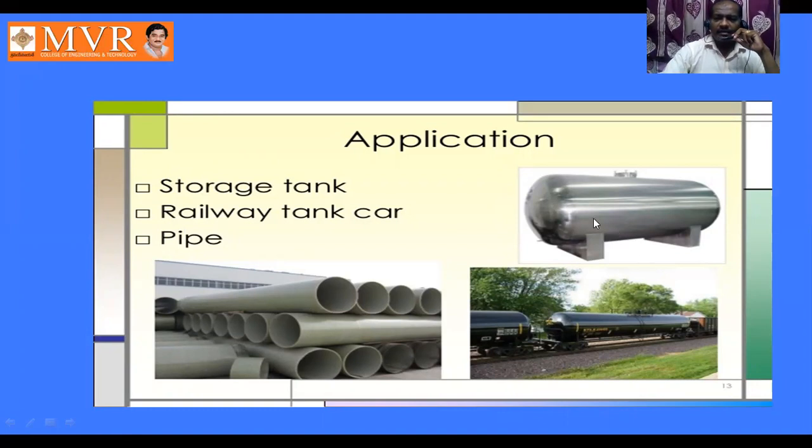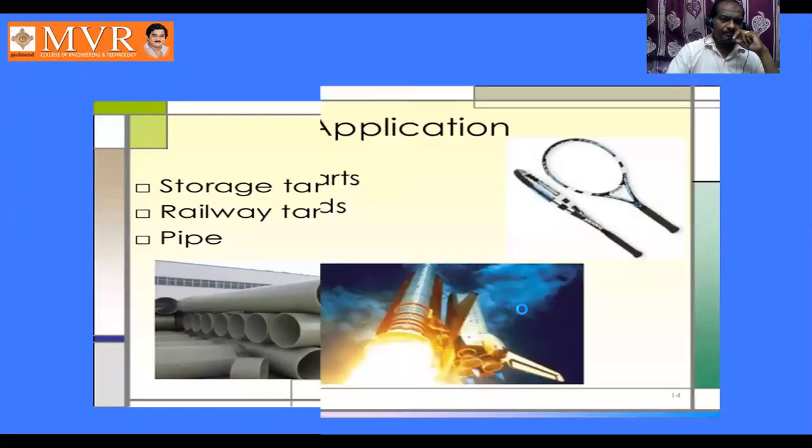Here, if a tank car is there to transport gases, it may experience different types of pressures. In that case, on a metal tank, we go for filament winding, and that is used for transporting high pressurized liquids or gases. So that is the example to understand here.